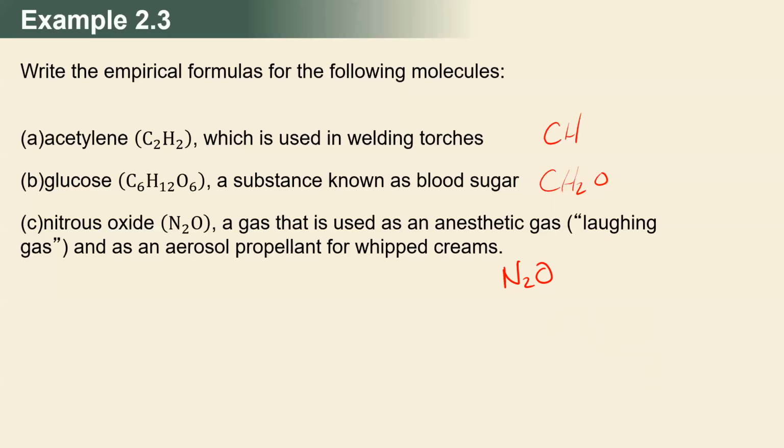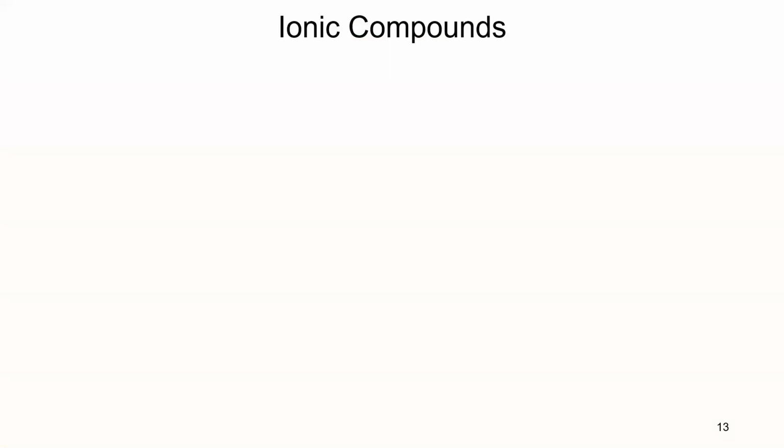Okay. So getting into some ionic compounds. When we form ionic compounds, you can imagine that they're going to have some ions in them. And so these are formed from the combination of positive and negative ions.